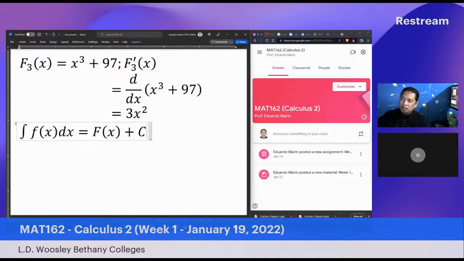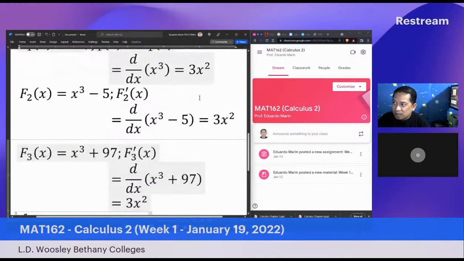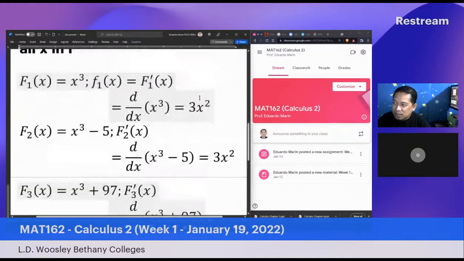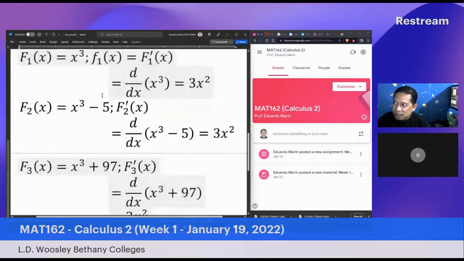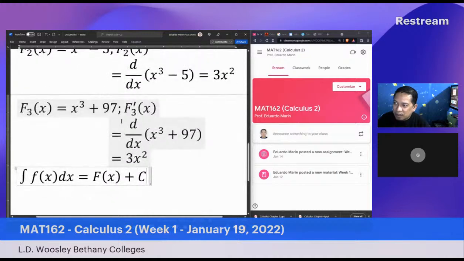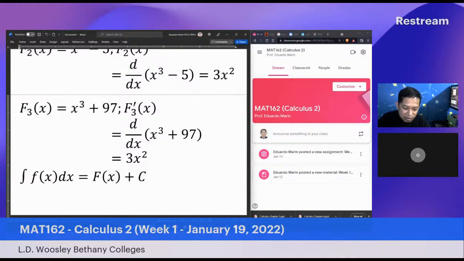To be more general, the antiderivative we're solving for in a given function has basically an infinite number of possibilities, based on this example. All of them will have the same derivative, whether it's f of 1, f of 2, or f of 3. This reverses the process, and this is the symbol for the antiderivative. We make a general solution to represent all of the possible antiderivatives, or integrals, of a function.